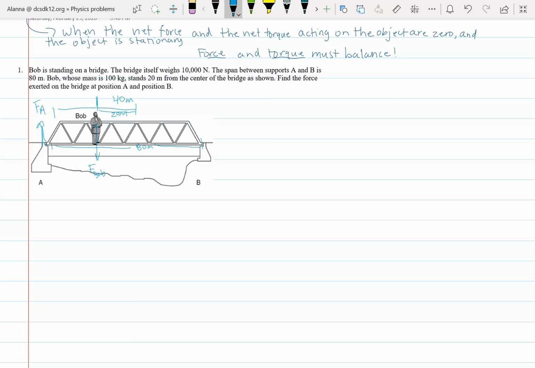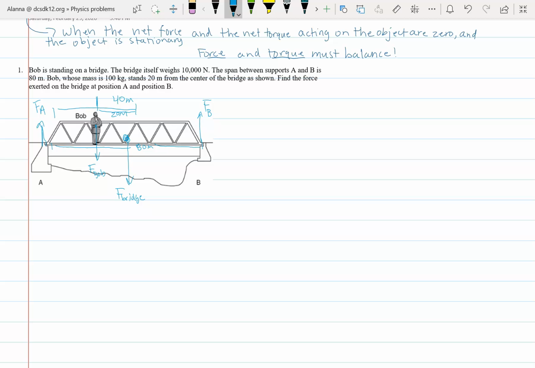So we've got the force from Bob. And then we've got the force from the bridge itself, which I'm going to draw right in the center, which is right around here. So I'm going to call that FBridge. And then we've got the force from the support at B. So we know that the forces have to balance.